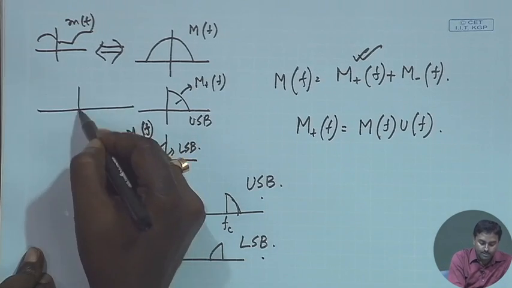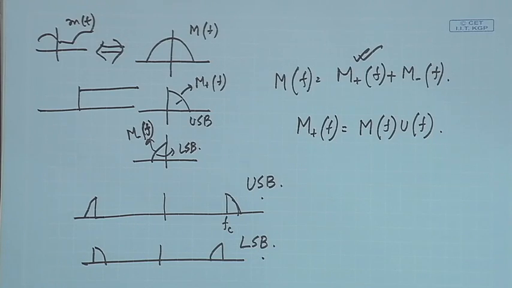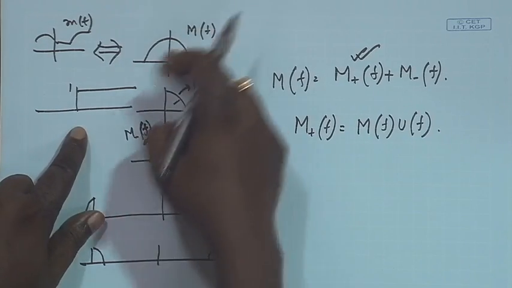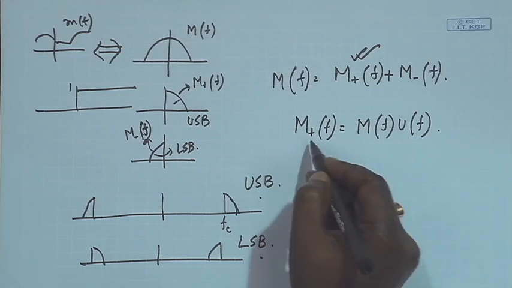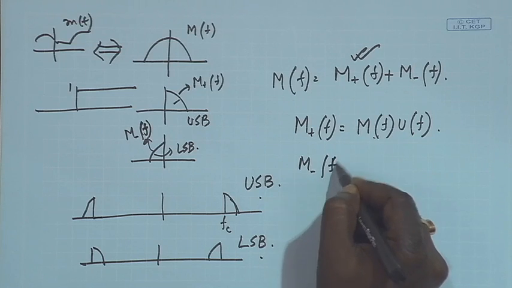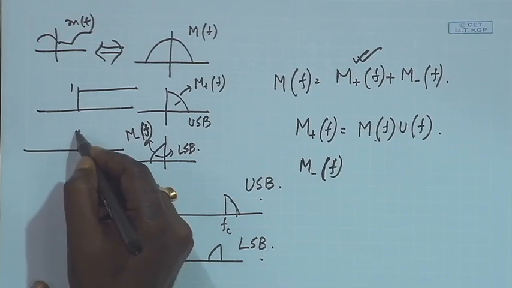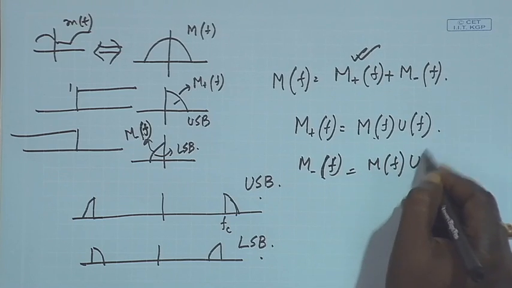UF is nothing but this: for F less than 0 it is 0, almost like UT, a unit step function, and for F greater than 0 it is 1. If I multiply this one with this, immediately I get only the positive half. So M plus F must be MF into UF, and similarly M minus F, if U minus F is defined as this, should be MF into U minus F.